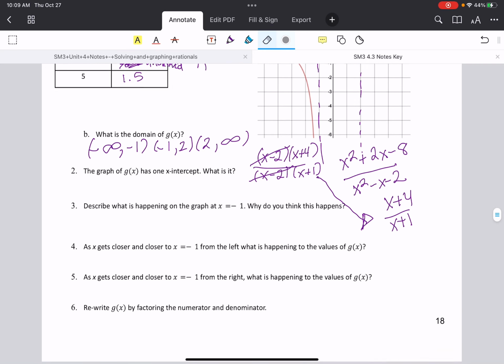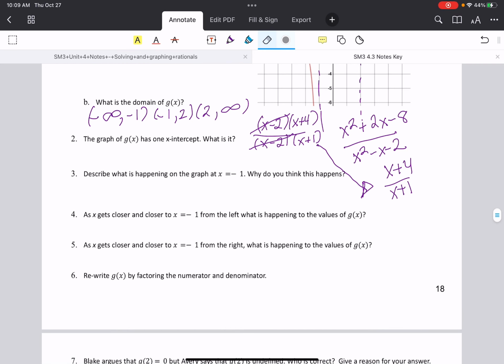If you need a little extra help, if you're still unsure about the removable one, the hole, what is 6 divided by 2? 3, okay? What is 18 divided by 6? 3.